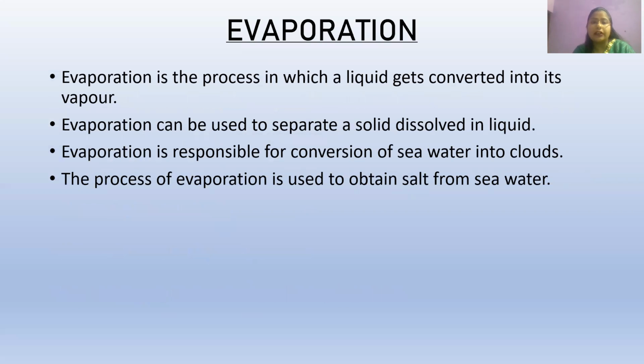Now the next method is evaporation. Evaporation is a process in which liquid gets converted into its vapor. It means whenever liquid gets converted into vapor, that process is known as evaporation. Evaporation can be used to separate a solid dissolved in liquid. Evaporation method is used whenever the solid is dissolved in water.